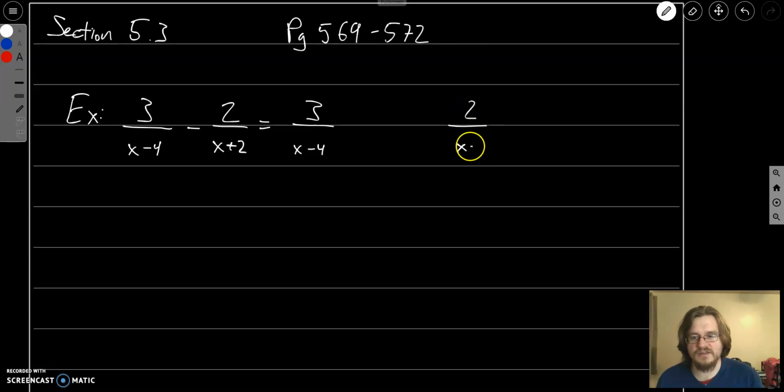If I have my two fractions here, what I will do is multiply the top and the bottom of this fraction by x plus 2. I'll just put this in parentheses. So we'll multiply this by x plus 2, and then we'll multiply this one by x minus 4.